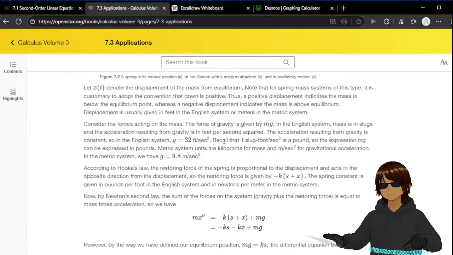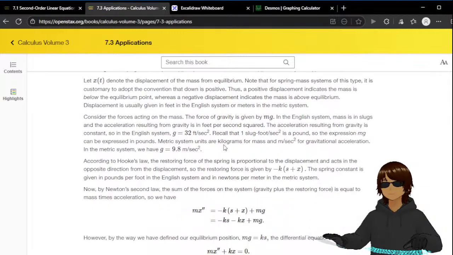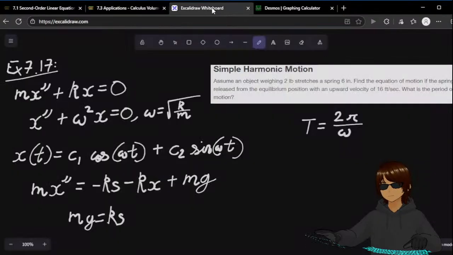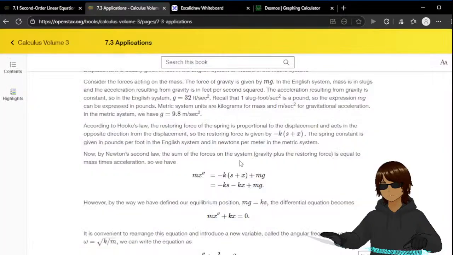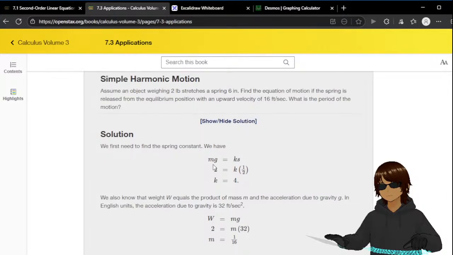Why did they say 2? How is the force measured in this system? Pound. Okay, let's just mark it as 2. Is it in tons? No, I don't think that makes sense.